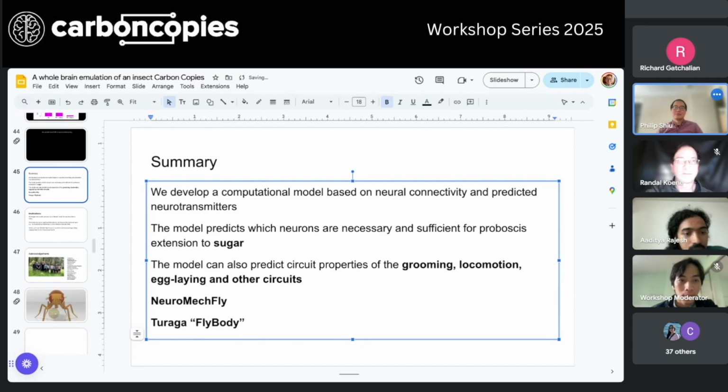I can look into it, but this is from Ramdya, and the other embodiment infrastructure is from, I think, Srinivas Turaga. If you look those up, I think you should be able to find them. Awesome, thank you.